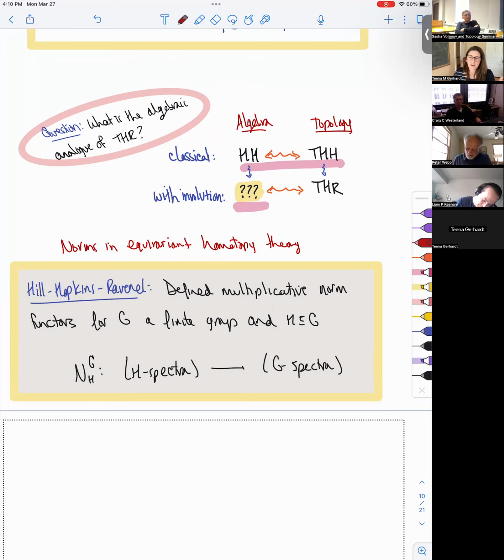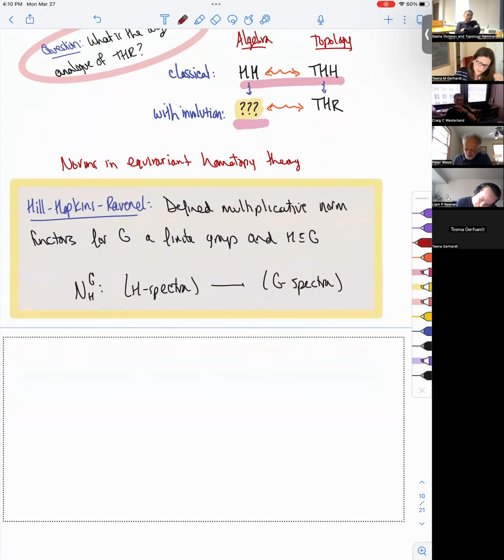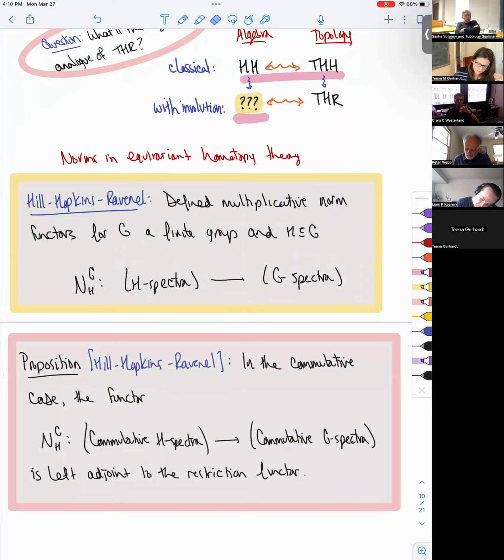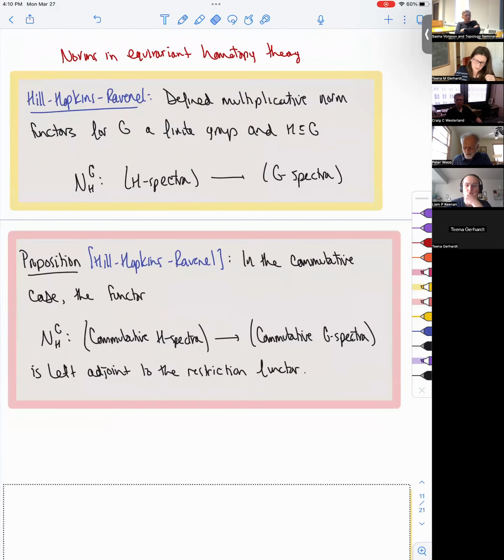So what is the Hill-Hopkins-Ravenel norm? I'm not actually going to define it, but what kind of thing is it? It's a functor from an H-equivariant spectrum to a G-equivariant spectrum, where H is a subgroup of G and they're both finite groups. So it gives you a way to move from H spectra to G spectra. I want to note that they proved a proposition about these norms, and it'll hopefully become clear later why I want to mention this particular proposition.